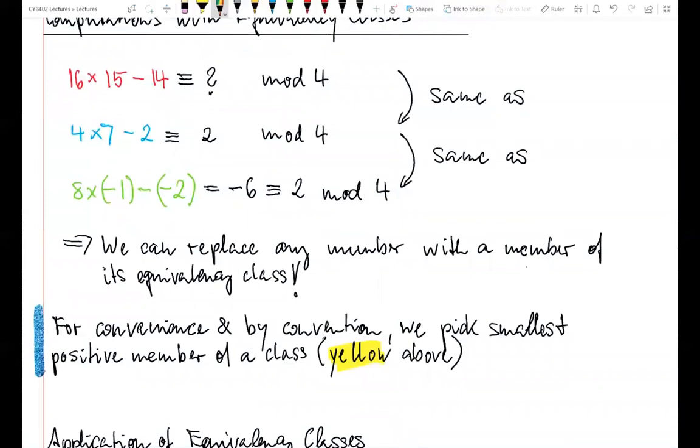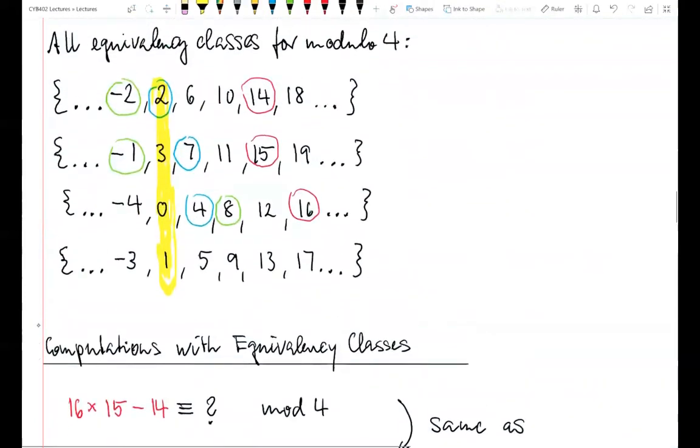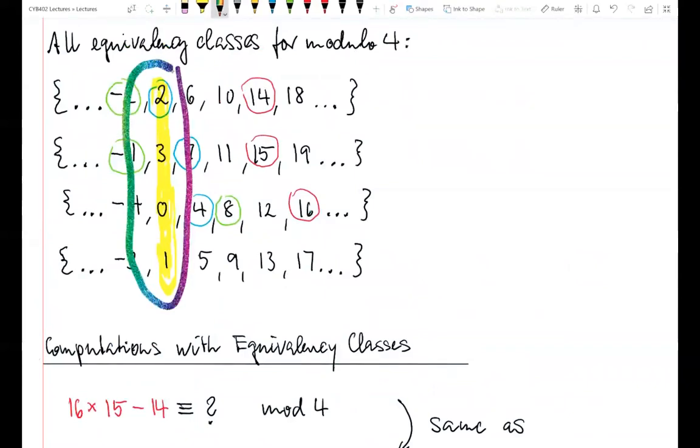So one convention that we want to apply, and one word of warning: sometimes I will require you for convenience and by convention that we pick the smallest positive member of a class. So by convention, because we don't want to just go with any number, I want you to pick, and I will make it clear in assignments when I want you to do that, the smallest positive remainder.